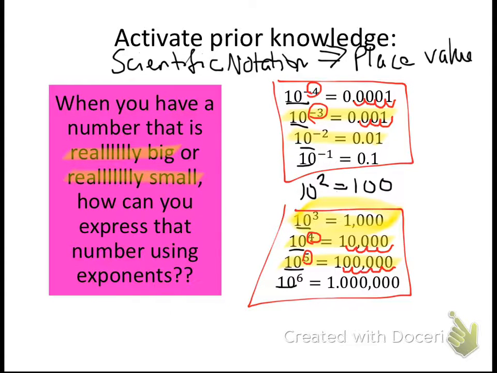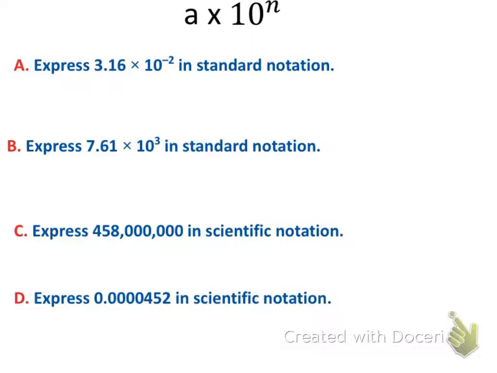So let's do some recap here. If I want to write 3.16, 3 and 16 hundredths, times 10 to the negative 2 in standard notation, that means with all the zeros. Okay, what I notice is I have a negative exponent, so that means that I'm going to make a small number. So my decimal goes 2 places to the left.